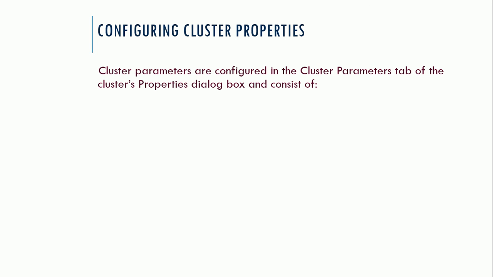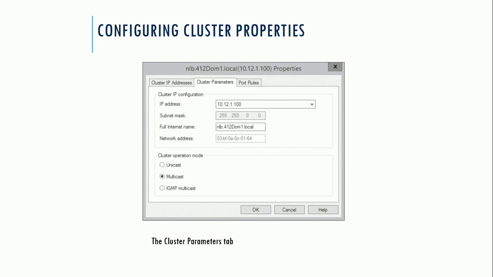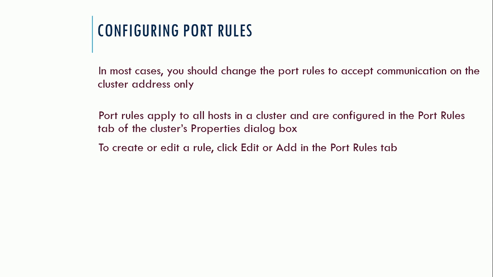So the cluster parameters that are configured in the Parameters tab consist of the following. You'll have an IP address, a subnet mask, the full internet name or FQDN, a network address, and the cluster operation mode. We're going to talk more about cluster operation modes in just a little bit. But port rules, before we get into that, are how you configure which ports you're going to allow for the cluster, or which ports it's going to respond to.